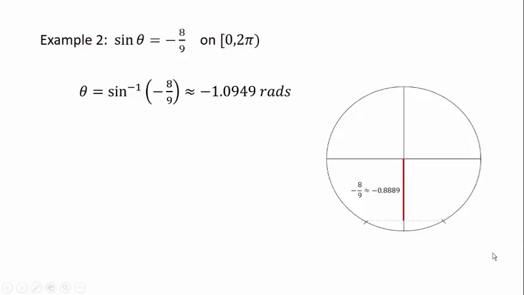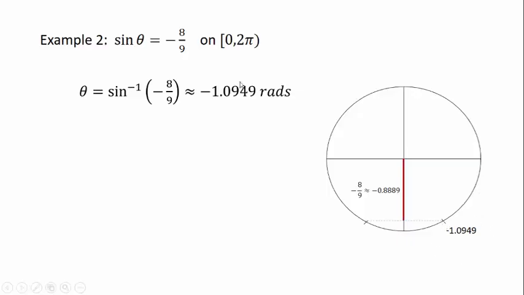Now the first one that I found is right here. Now again, notice that it's negative. Remember, like we said before, that when you're talking about sine inverse, the output lives between negative pi over 2 and pi over 2. So when I put that in the calculator, I will be going in the clockwise direction and I'll be given a negative angle.